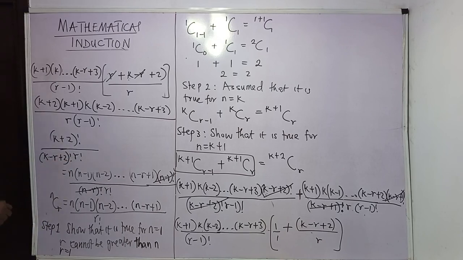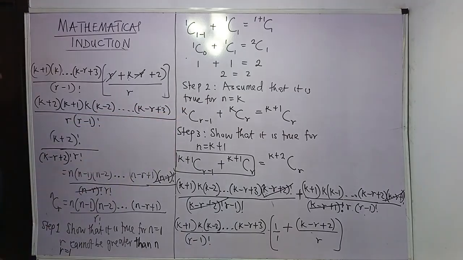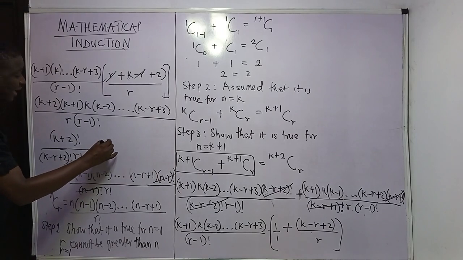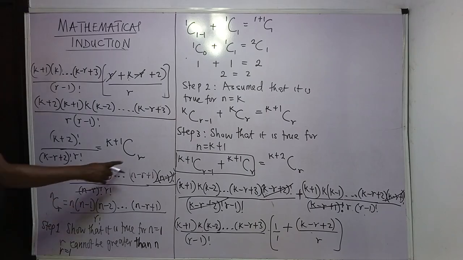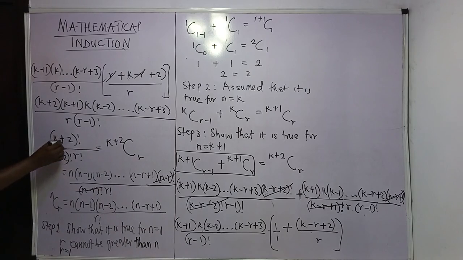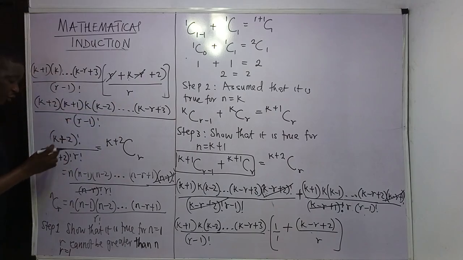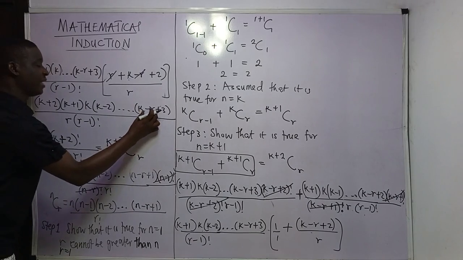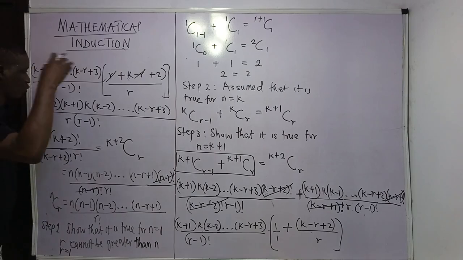That's what we have there, because the last one should be 2 plus 2. So this one now is more or less like k plus 1 combination r that we are going to have. K plus 2, because this is k plus 2 now. You understand? This one was derived from here, k plus 2 factorial. Then the last term after this term should be k minus r plus 2 factorial.